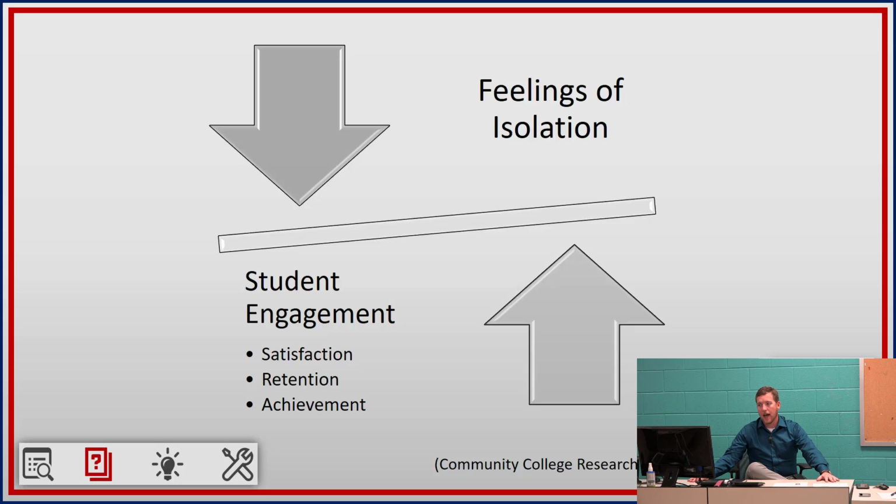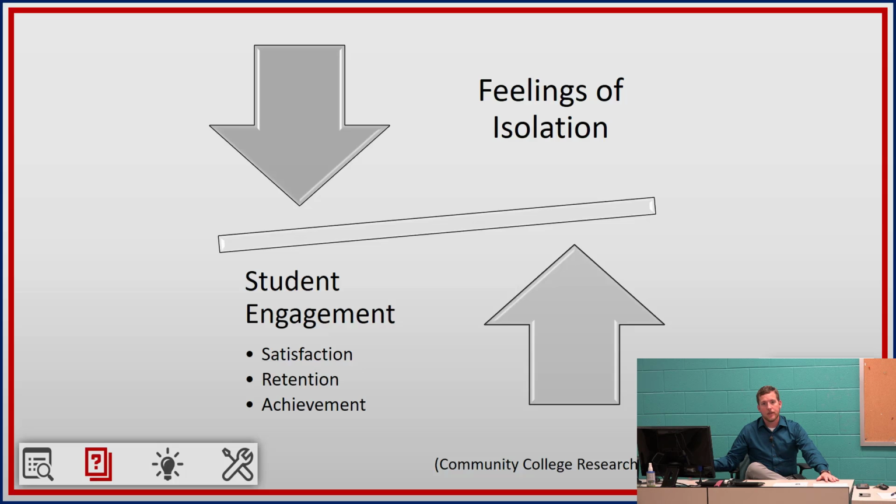At the same time, we're increasing student engagement and decreasing the feelings of isolation that students have, which is the number one cause for withdrawal, right? Students get into these online courses and feel like they're not supported. They send emails and messages and don't get responses, or they make discussion posts and don't get responses.